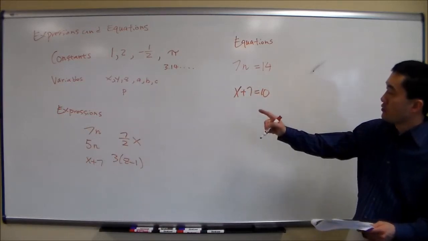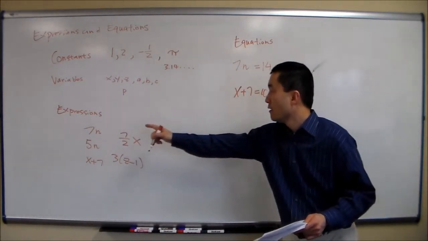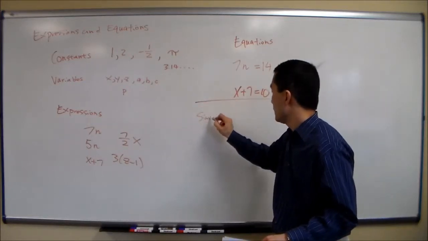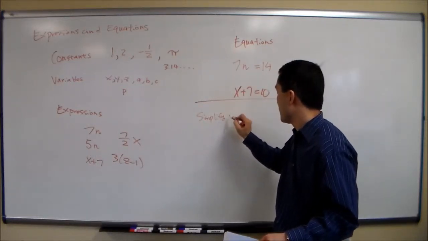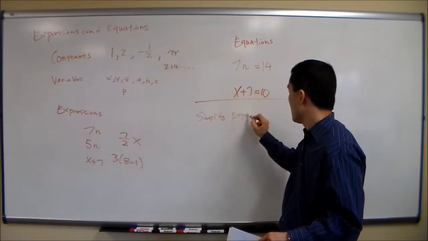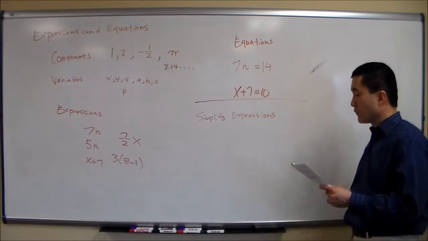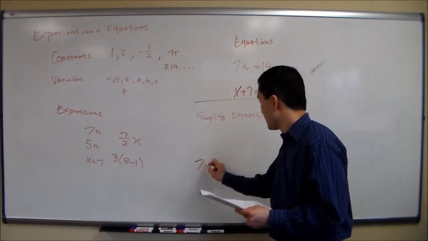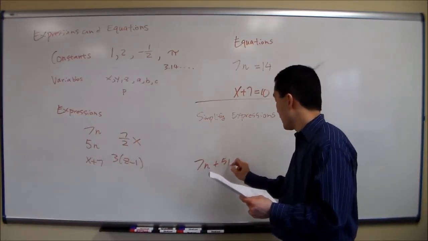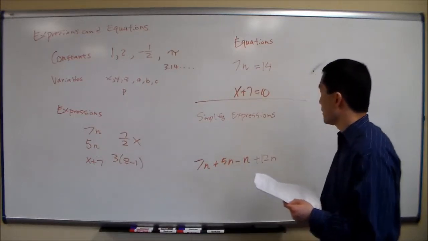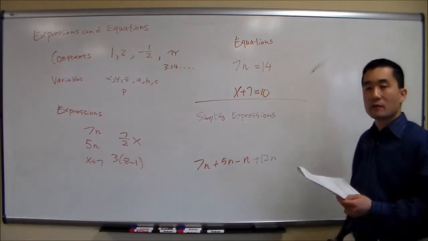So you'll be asked to simplify expressions. For example, something like 7n plus 5n minus n plus 12n. So how do you simplify expressions?